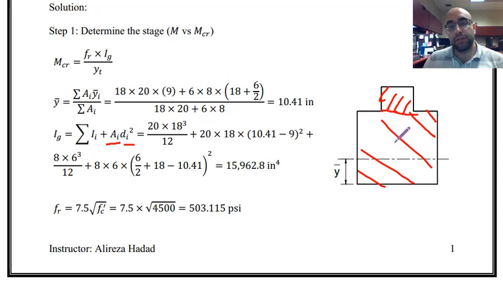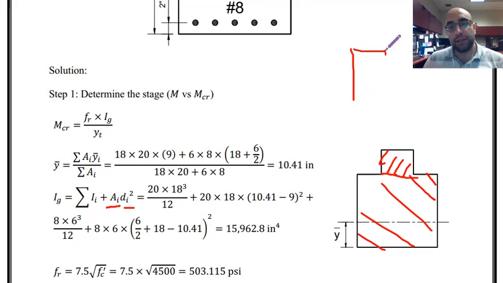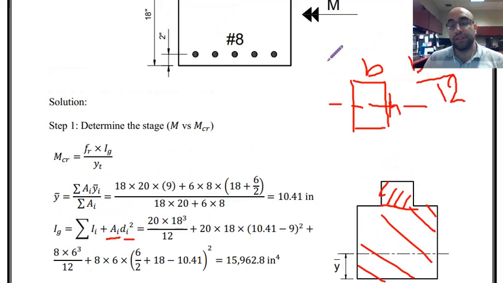The moment of inertia of a rectangle about its own centroid, which is right at the middle of it, is equal to b h cubed over 12, right? That is when I'm calculating the moment of inertia about the centroid.